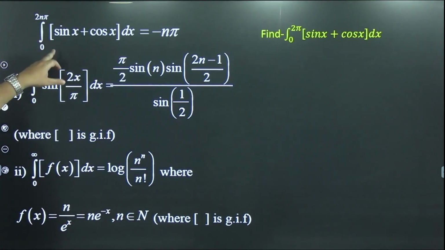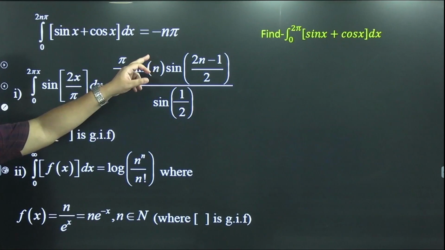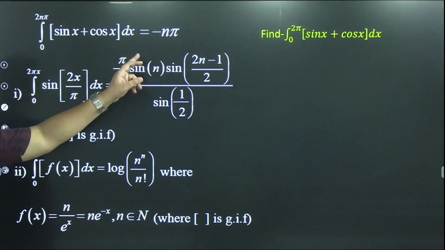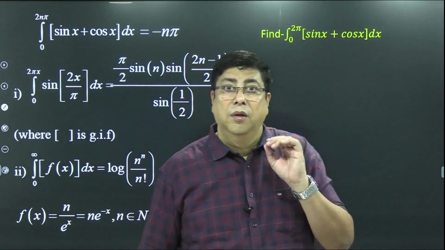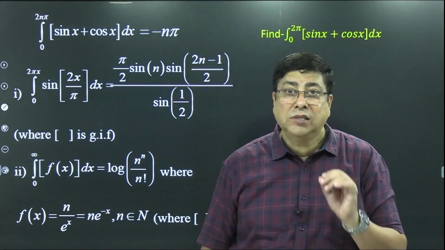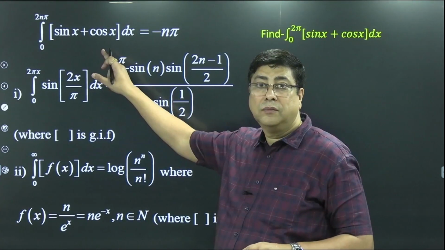The integral from 0 to 2n pi of the box of sin x plus cos x dx is equal to minus n pi. If you check last years' JEE Advanced papers, you will see at least 2-3 questions came on this.